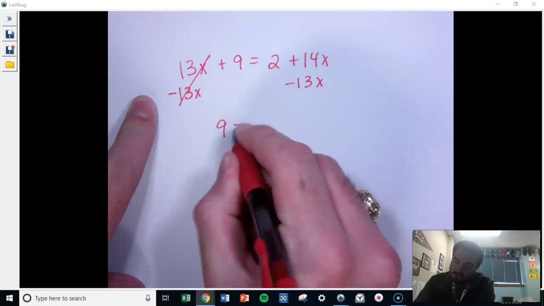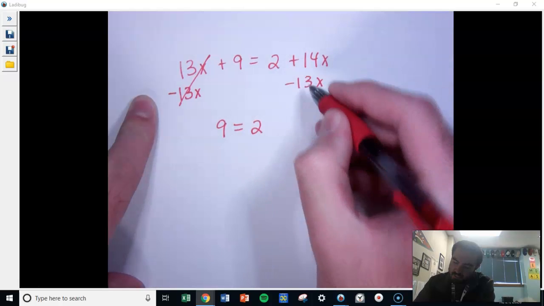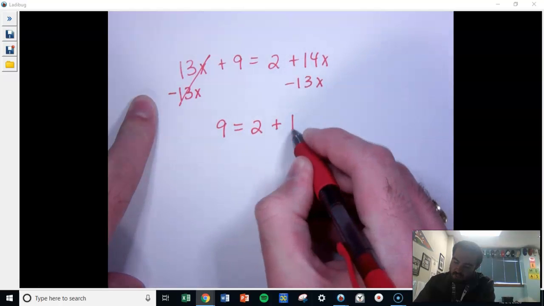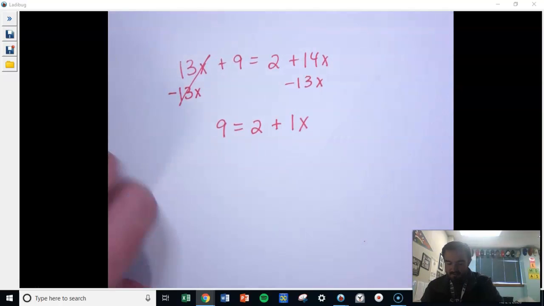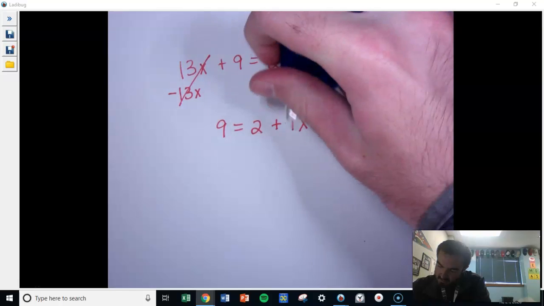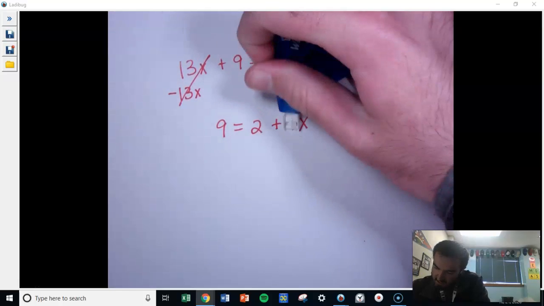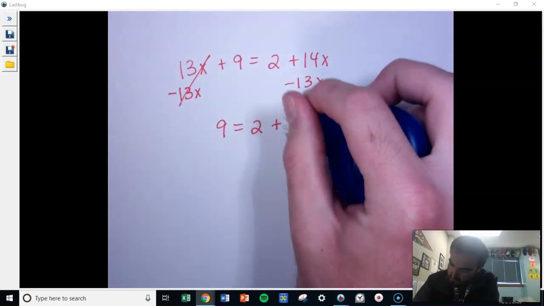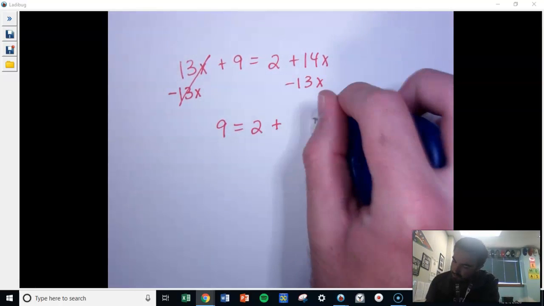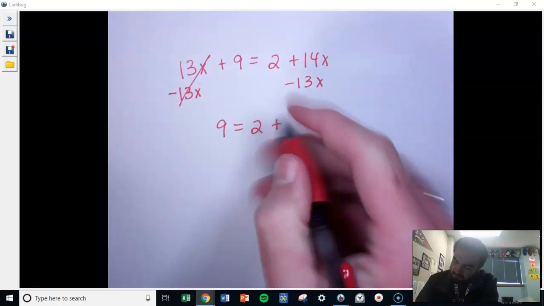So we'd have 9 equals 2 plus 14x minus 13x, which is just 1x. But I don't really like putting that 1 there, so I would just keep it as x. So now we have 9 equals 2 plus x.